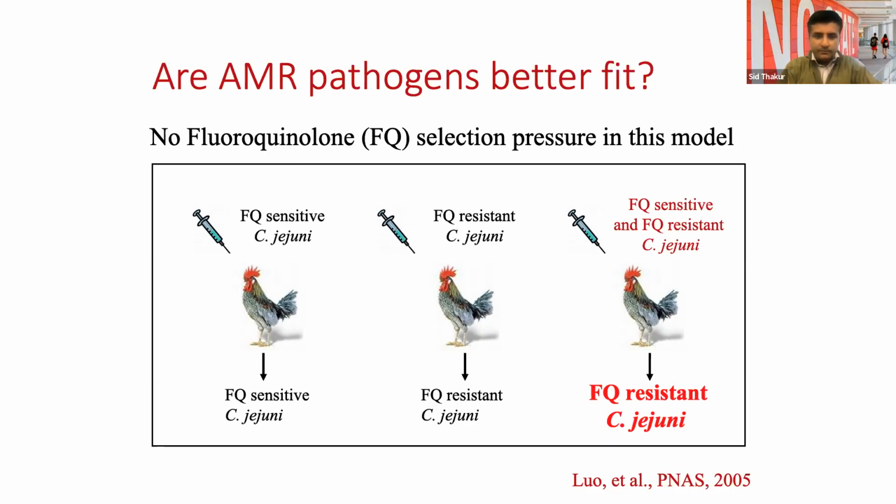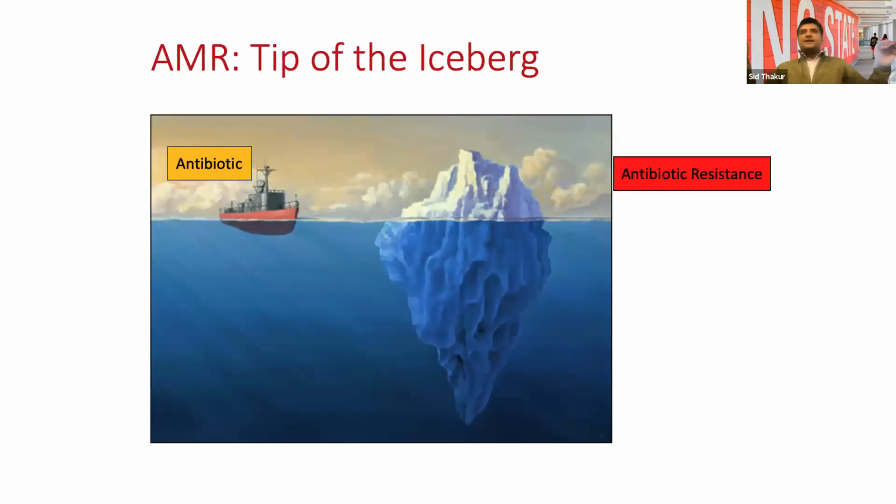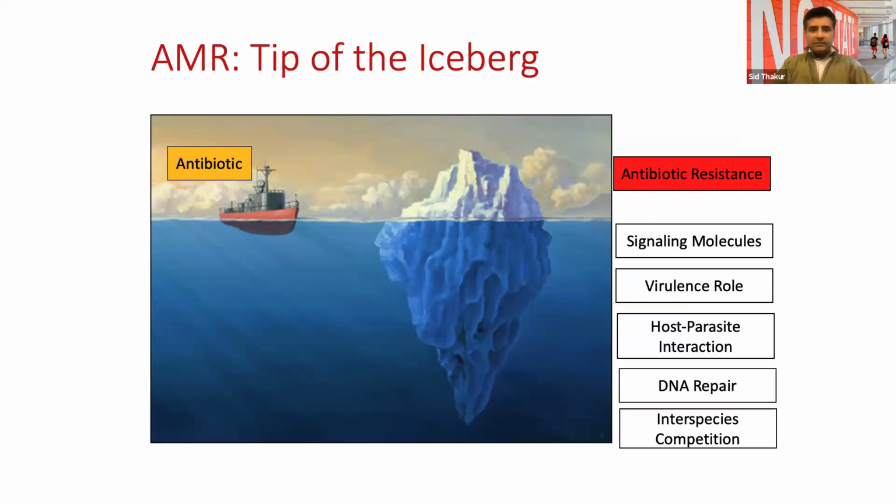I hope you will appreciate this slide because I put a lot of effort into this one. The famous Titanic one, right? I think antimicrobial resistance is just the tip of the iceberg, because the same genes that provide resistance against different antimicrobials, the pathogens are really smart. They are using the same genes for a lot of different activities: signaling, competitive exclusion.